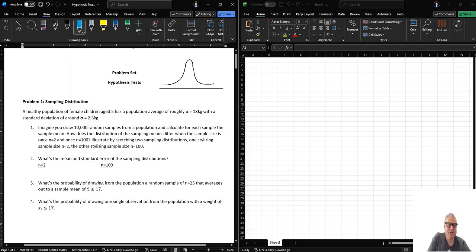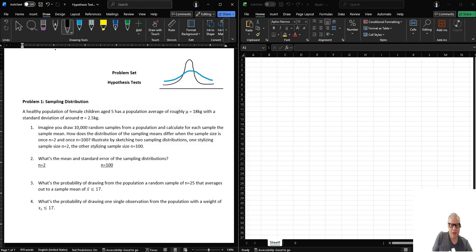If you have a sample size of only 2, there is much more probability mass in the tails and much less in the middle, and so the blue line would be roughly the sampling distribution of a higher sample. And that is related obviously to the standard error.